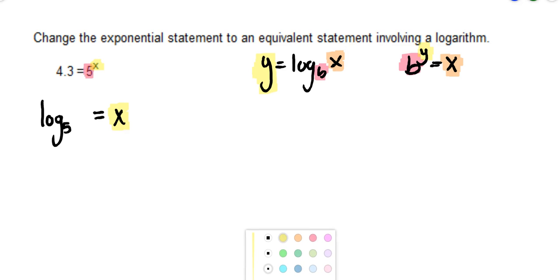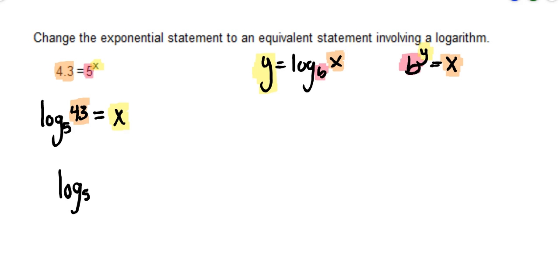And then our exponential expression equals 4.3, and that's what will be substituted inside the log. So log base 5 of 4.3 equals x is the equivalent log statement.